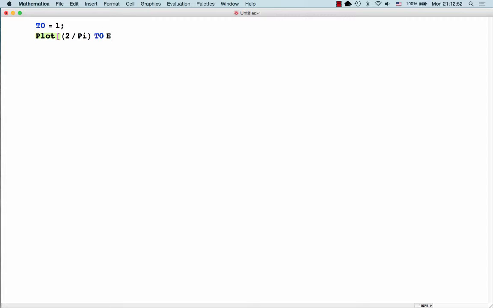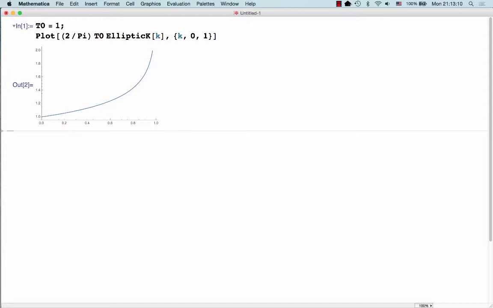Then we need the complete elliptic integral, so EllipticK of k, and we can run k from 0, so no amplitude at all, to 1, max amplitude. Alright, and it looks something like that. So you can see here at small angles we get the small-angle period, but as we go out, we eventually get to double.